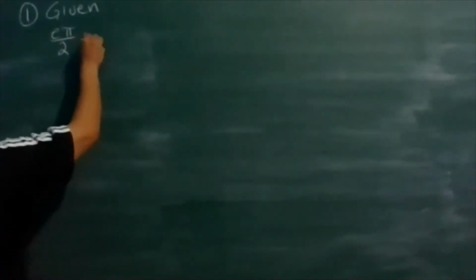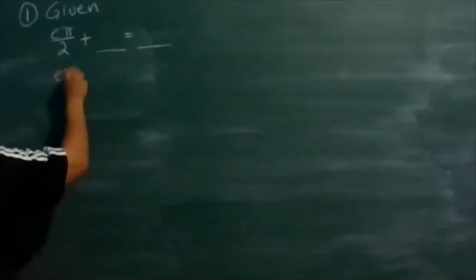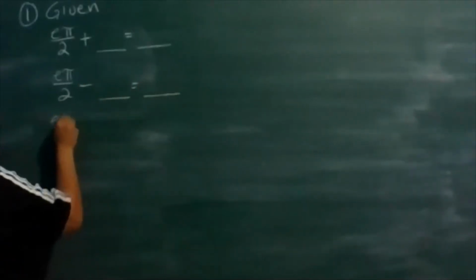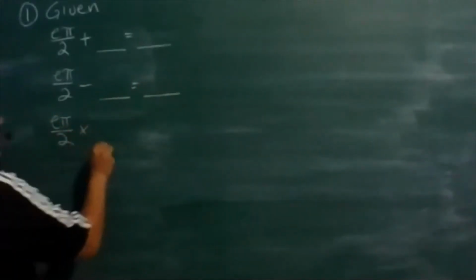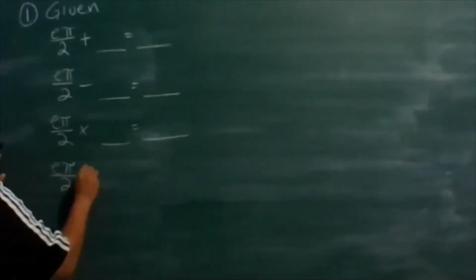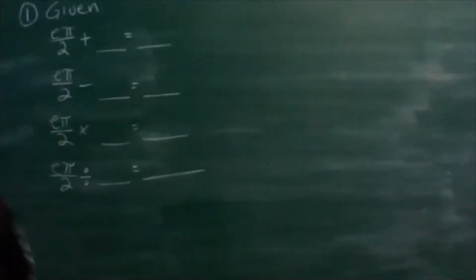So let's do e pi over 2, and we're going to find the inverse of addition, the inverse of subtraction, the inverse of multiplication, and the inverse of division. Okay? So we're going to look for those.